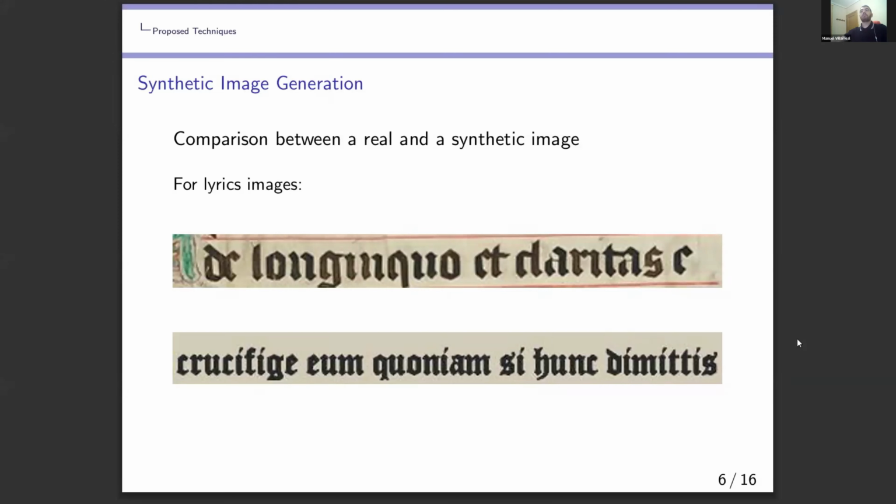Now, here we see the comparison between a real image and a synthetic image. This is for the case of lyrics images, and we can see some differences. Even though the typeface is the same, we can see that there are decorative elements or the lines of the staffs that can be seen on the historical image but are not found on the synthetic one.